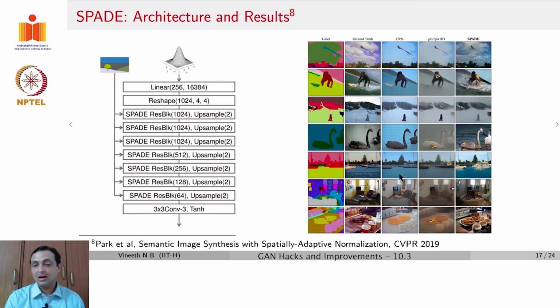While the third and fourth columns correspond to other methods, SPADE gives a fairly photorealistic output close to the ground truth. And what you see here is the architecture of the generator in SPADE, which is similar to many other GAN architectures, but for the semantic segmentation mask coming in at each layer.